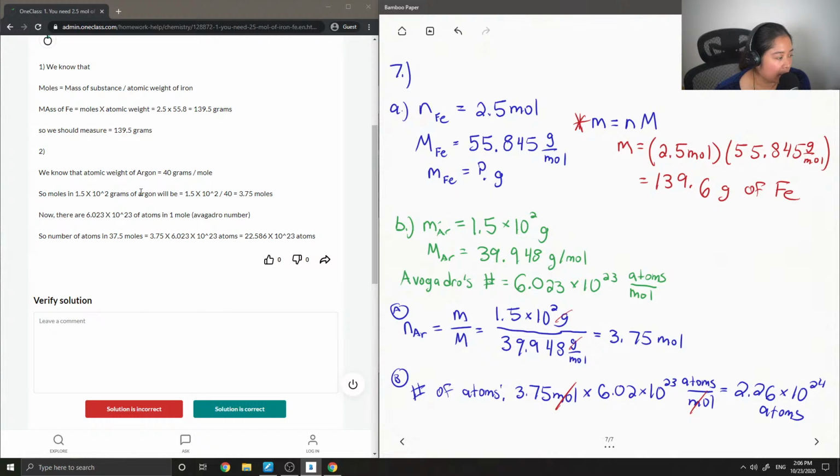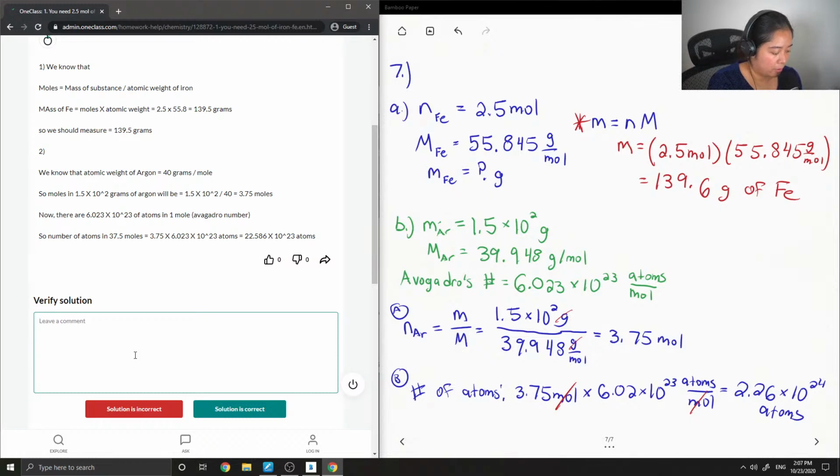So the number of atoms in 3.75 moles is 22. They got, oh, okay, I see. So they got the same thing, except they did it to 10 to the power of 23, but it is the same answer that I got as well. So this solution is correct.